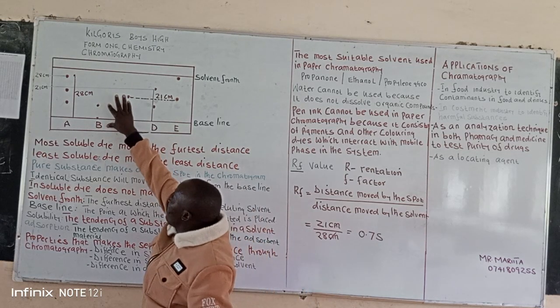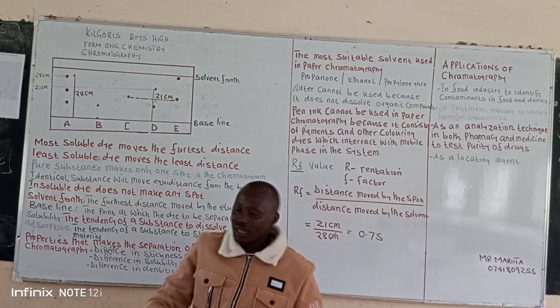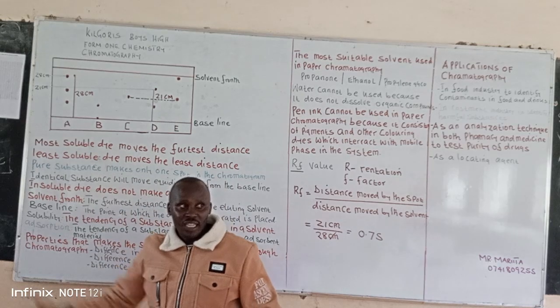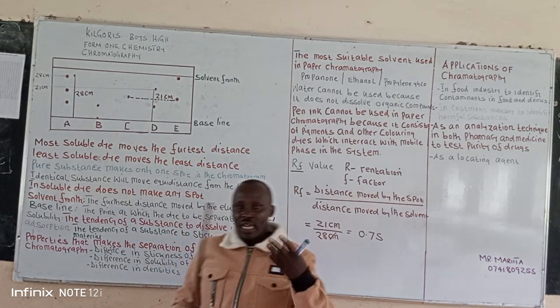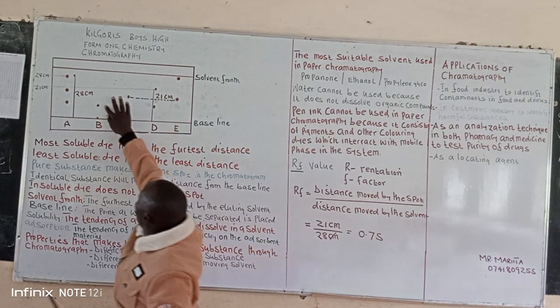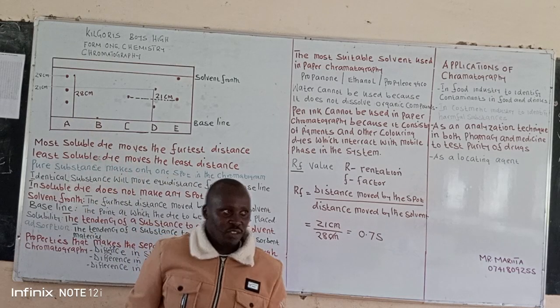In this case, the distance moved by the spot is 10, and the distance moved by the solvent is 28. That is how simple you can calculate the retention factor.